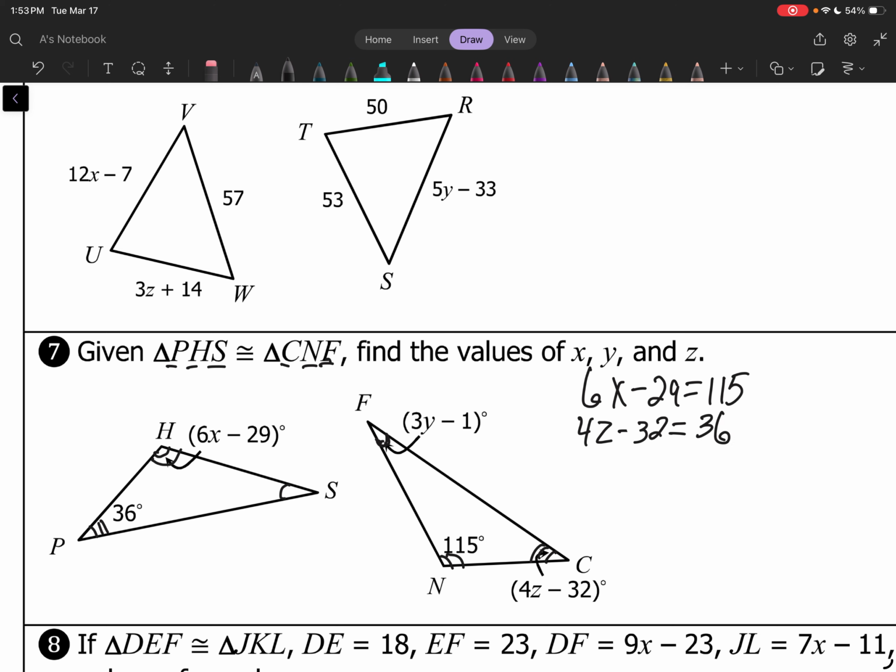To find angle F and S, I can put 36 in this corner, and I know that this angle has to be equal to 180 minus the sum of 36 and 115.